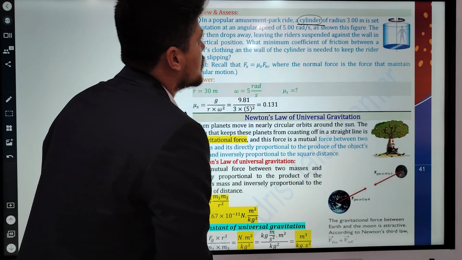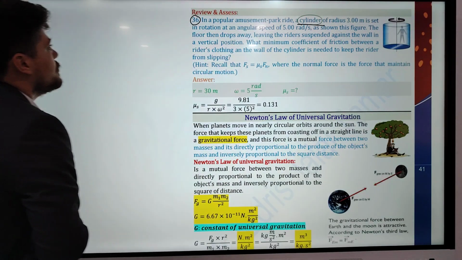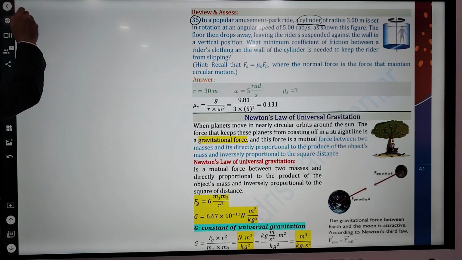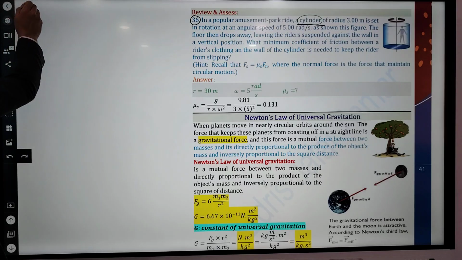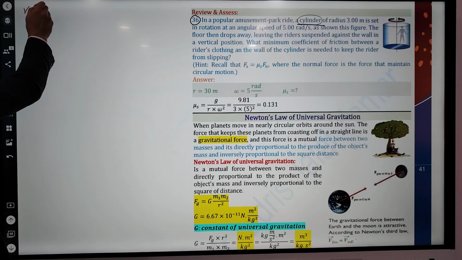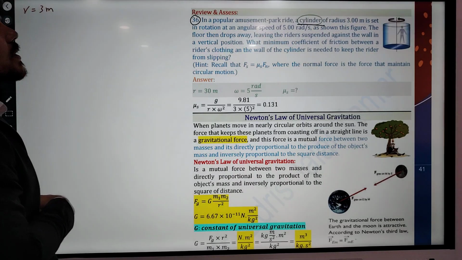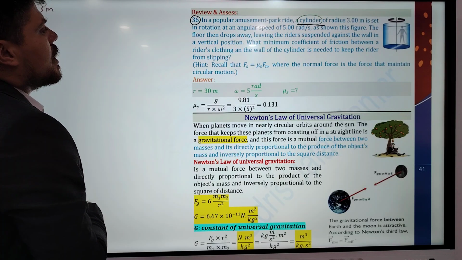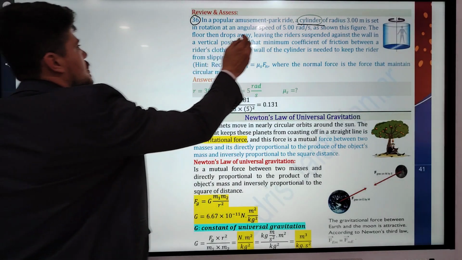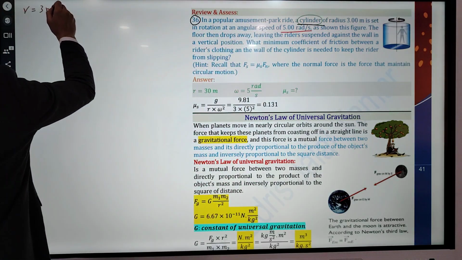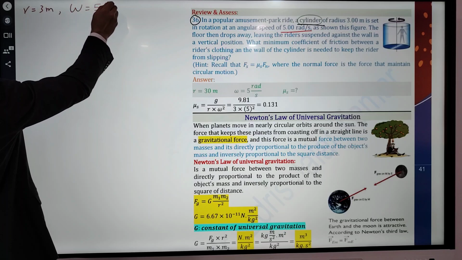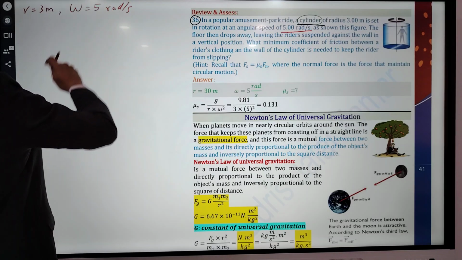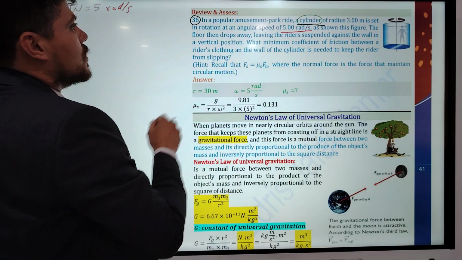The radius of the cylinder is 3 meters. Okay? Radius is what? 3 meters. The distance from the axis of rotation. Set in rotation at an angular speed. What is this? This is omega. Omega is given, equal to 5 rad per second. It's shown in this figure.